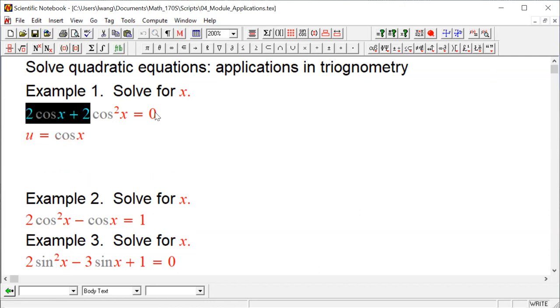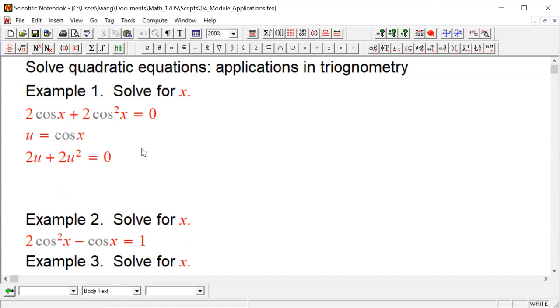As a result, this given equation will turn into 2 times u plus 2 times u squared. And this is a quadratic equation, right? We can factor this by getting 2u multiplied by 1 plus u equals 0.